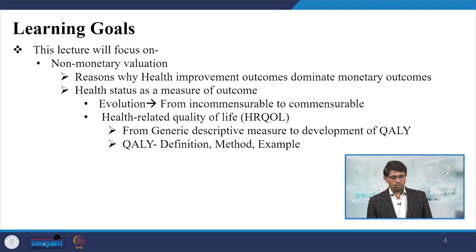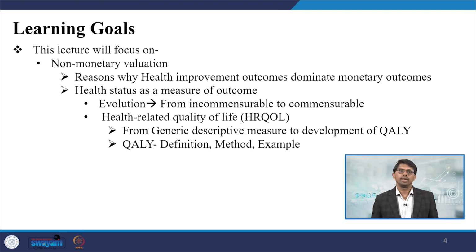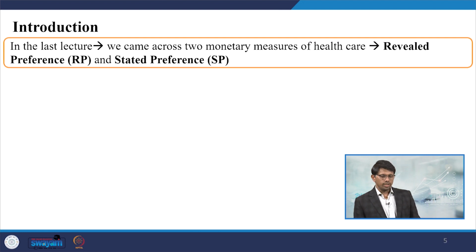Then we will discuss HRQOL, health related quality of life, and some generic description measures, such as QALY, quality adjusted life year, and its definition and methods with the latest examples, including the standard questionnaire that is followed. So, let us go into the details.